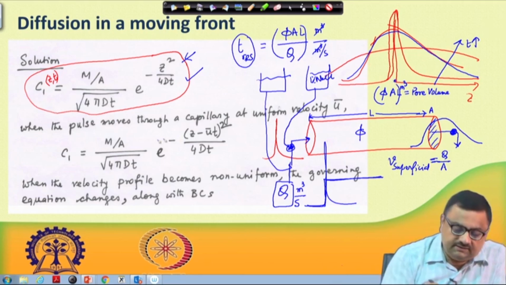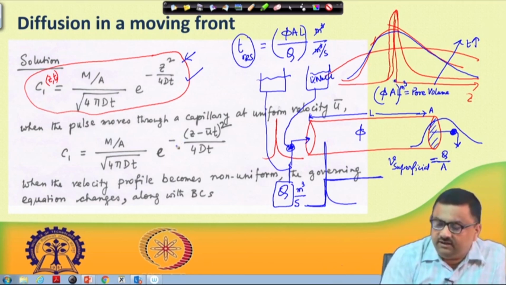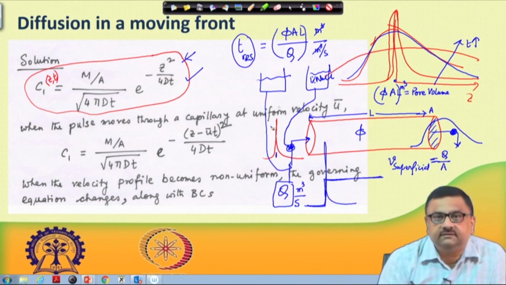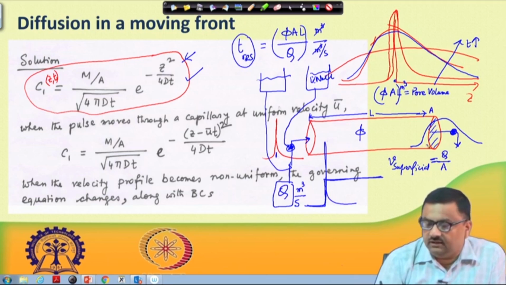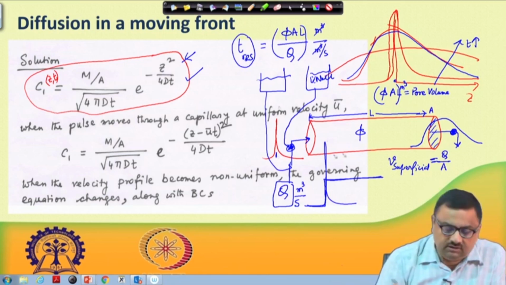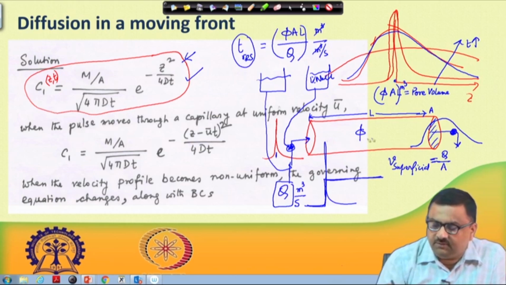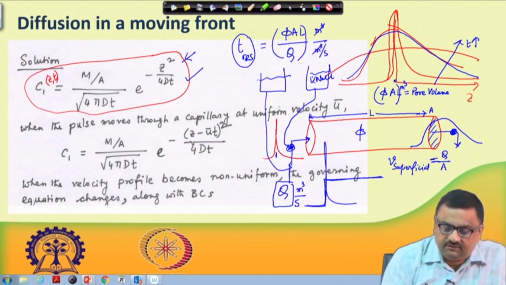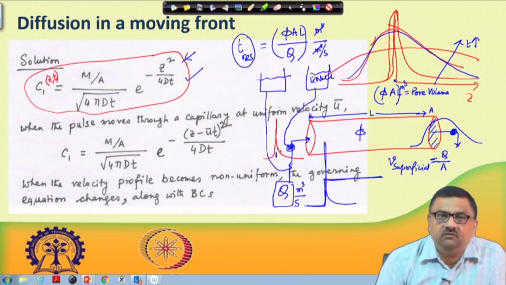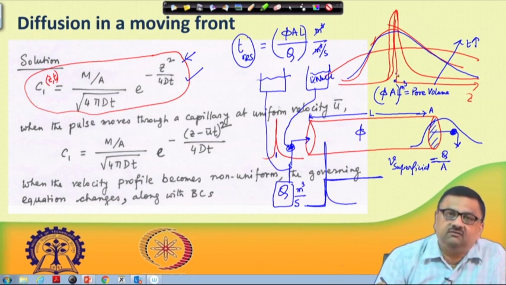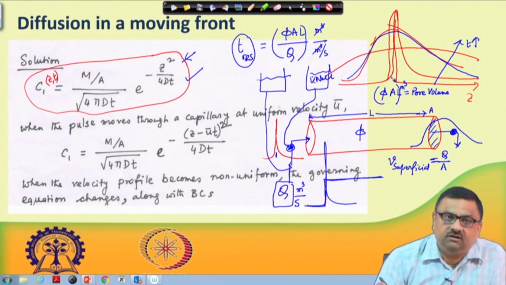But in this case, we have to see that the center of this pulse is moving. At any time, how much the center of the pulse has moved matters, so one has to look at this with a moving coordinate system rather than a stationary coordinate system. That is the only difference here.